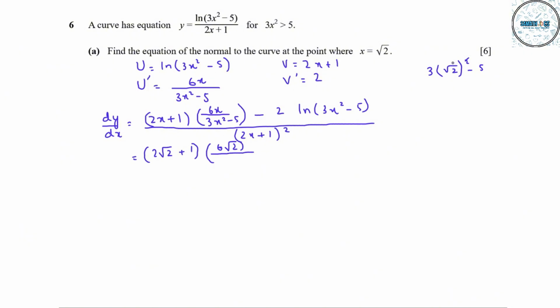So this 2 and this 2 will be cancelled out. 3 twos is 6, and 6 minus 5 is 1. So we will have 1 in the denominator, minus 2 ln 1, divided by (2√2 + 1).